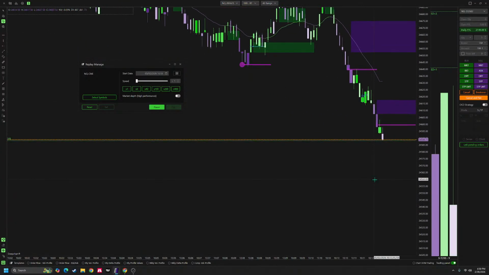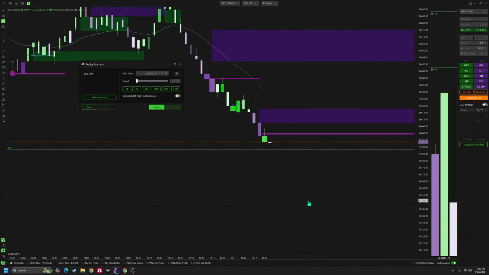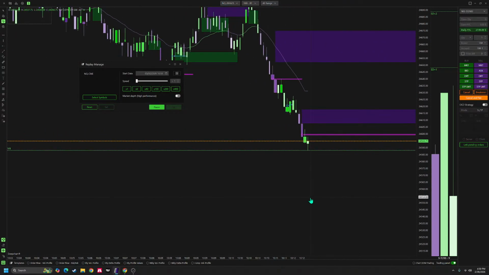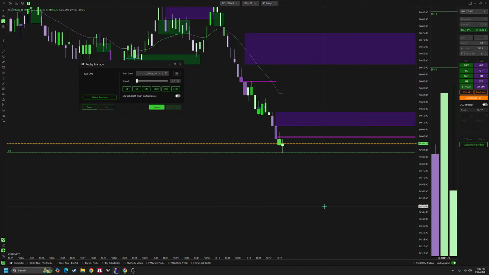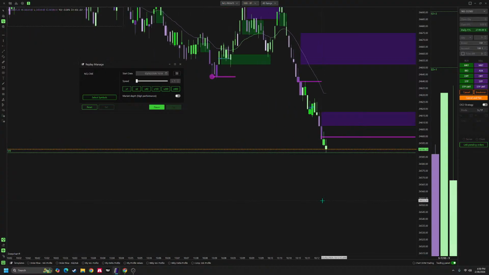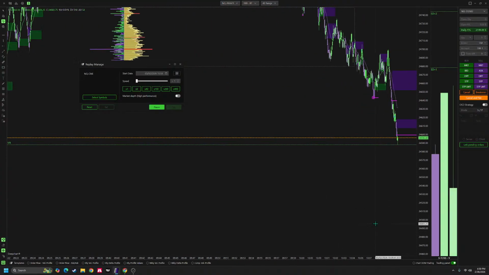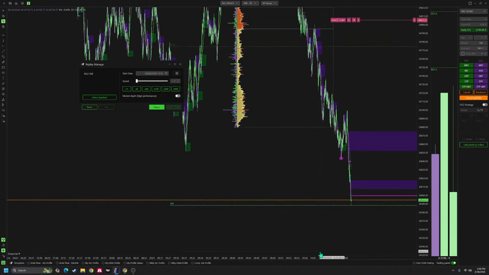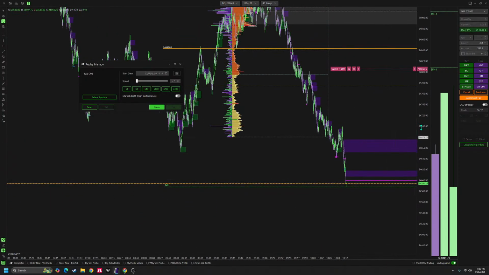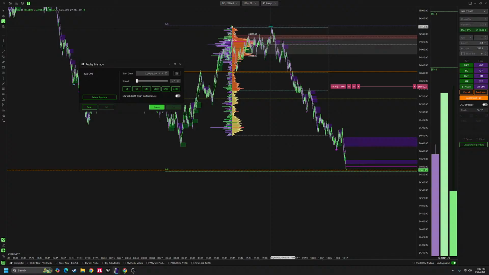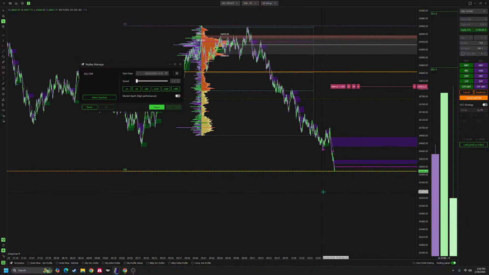We're still only 45 minutes into the session. We've had more than 600 points of movement if we count both directions. This downswing, 374 points.